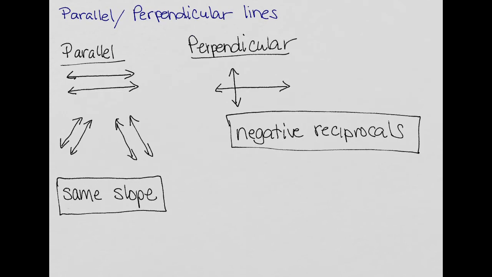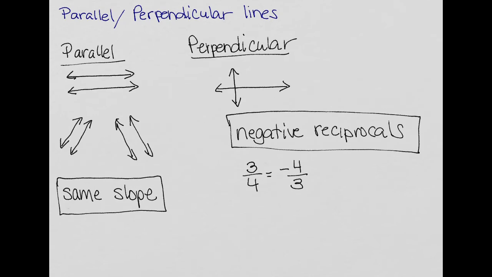And negative reciprocals are going to have the opposite sign, and if it's a fraction, we're going to flip it over. So if I have the slope of one line is 3/4, then the negative reciprocal is going to be negative 4/3.